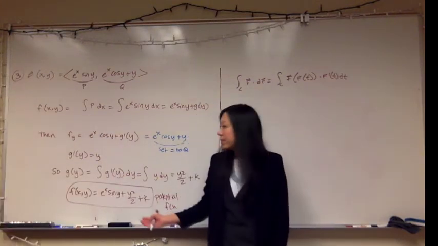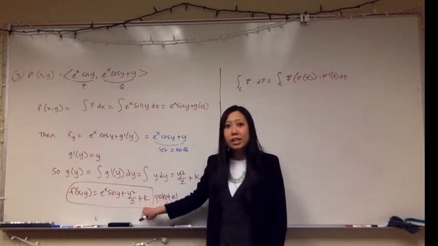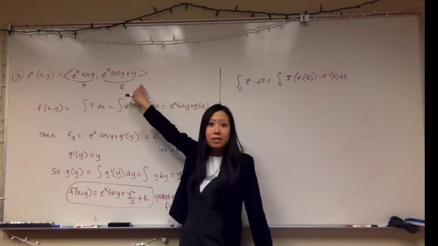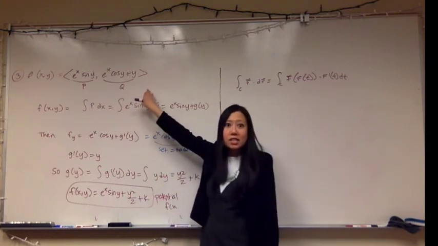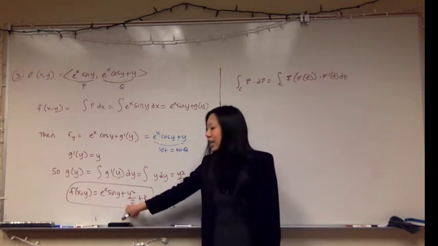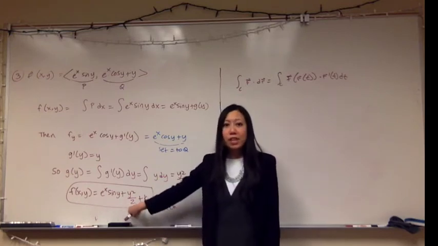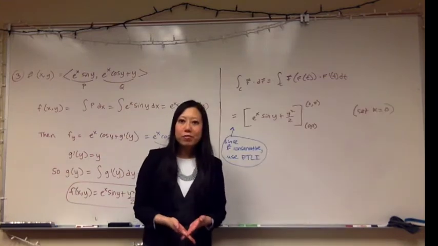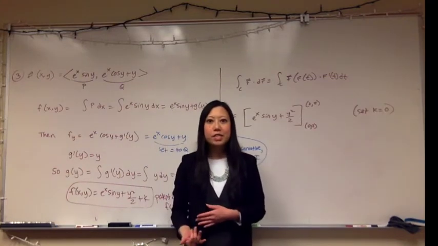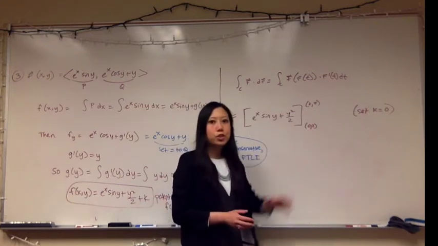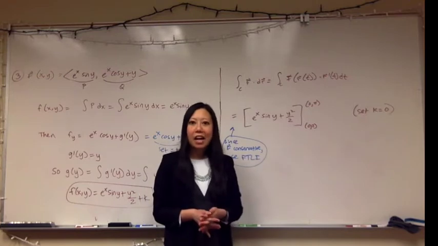Again, what this means is that when I find the gradient vector of this function, I get this vector field, right? And that's what it means to be conservative: I can find some scalar function, namely this function, such that when I find the gradient, I get exactly that. So now, by the fundamental theorem of line integrals, I take that potential function and just evaluate it from (0, 0) to (2, pi), because that's what the path is between, right?